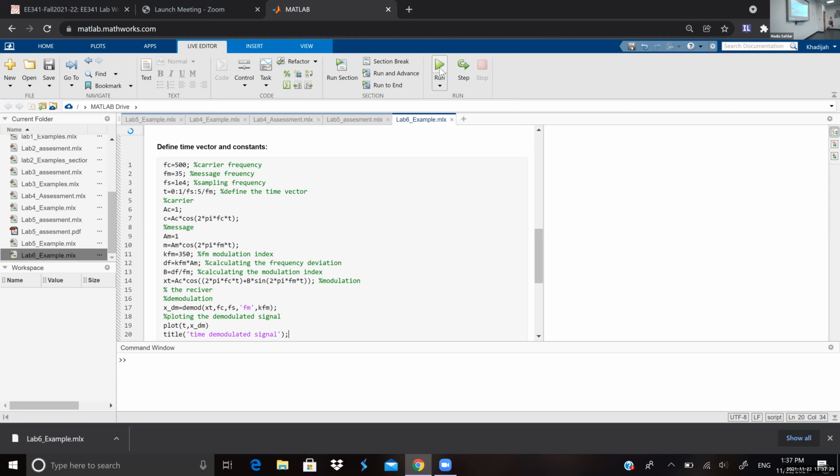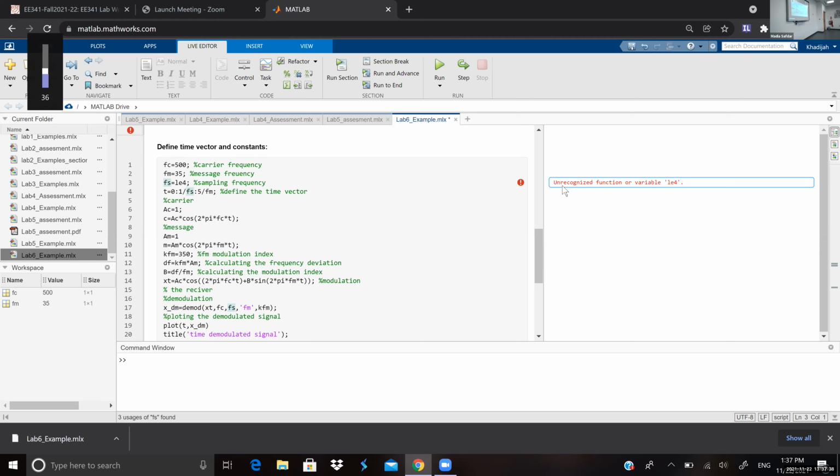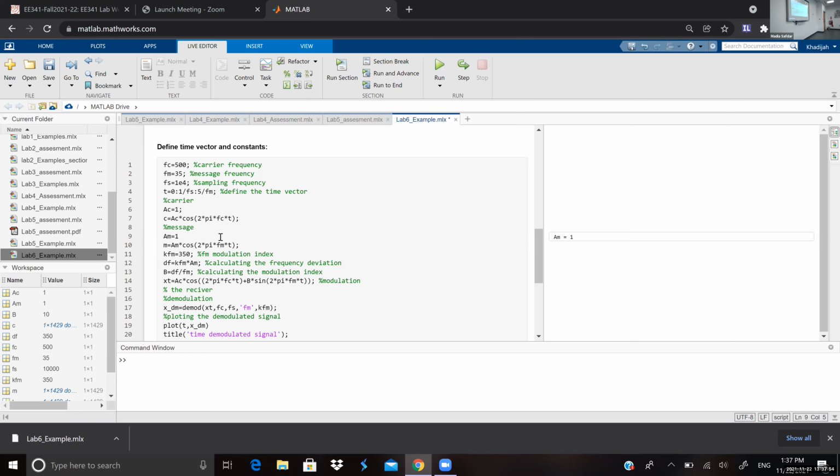Okay, unrecognized variable 1E4. This one, it's Fs equal to 1 e raised to power 4, not L. Yes, this one, and then you have to put in power. Okay, it works.